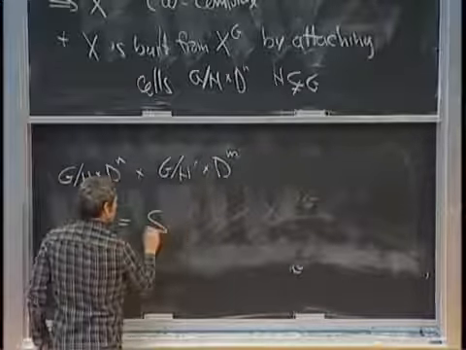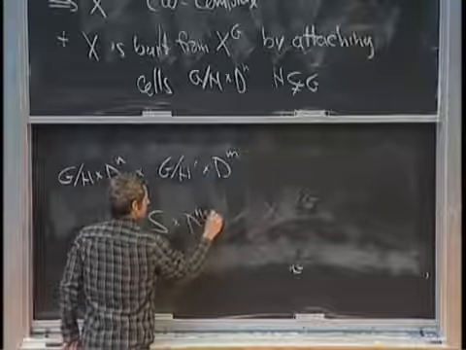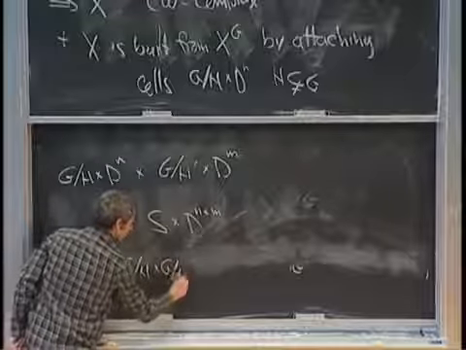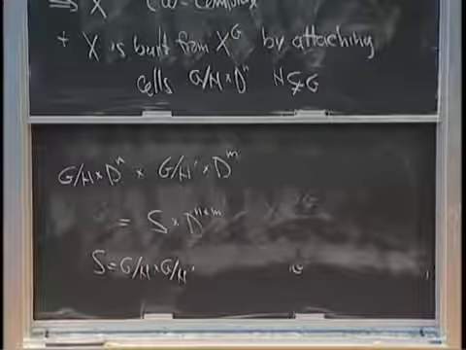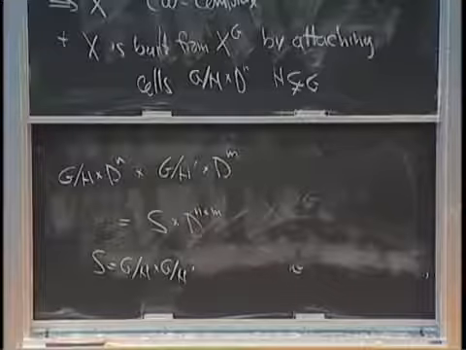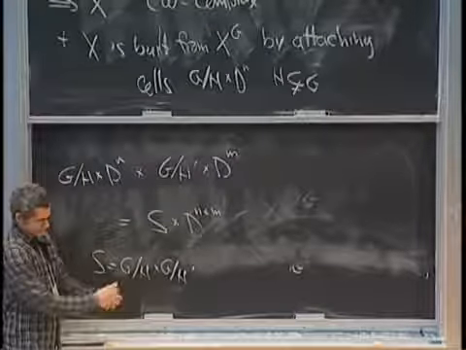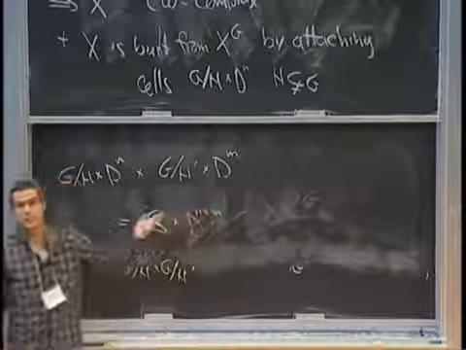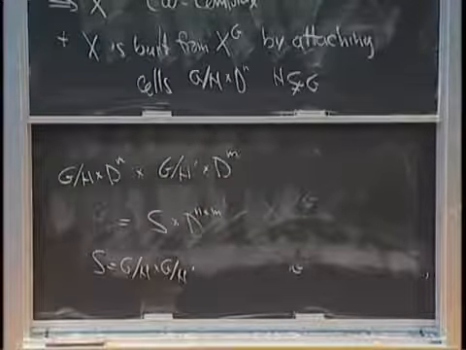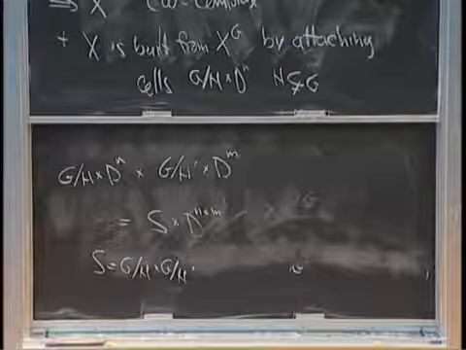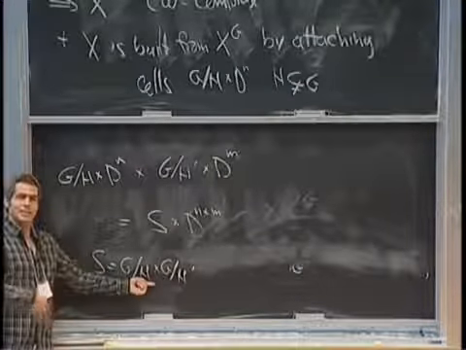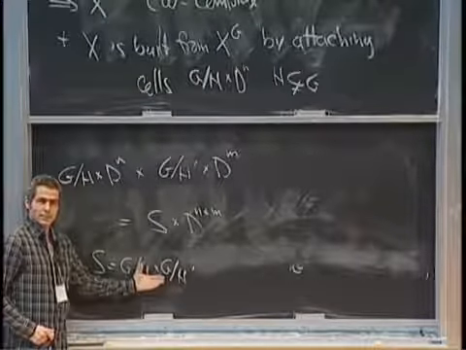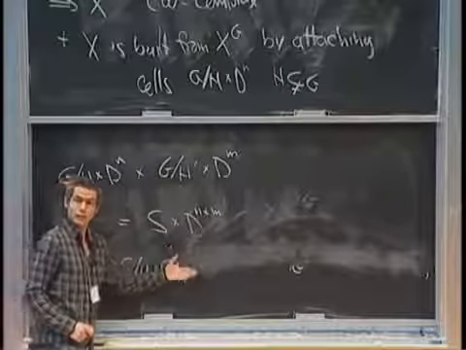That will be of the form S cross D^(n plus m), where S is G mod H cross G mod H prime. If I'm working with a finite group, this is a finite set with a G action, so it's a disjoint union of orbits, and this is just a disjoint union of cells of dimension n plus m. If I'm working with a compact Lie group, then this is a product of homogeneous spaces, and in order to really get the theory going, I have to give this an equivariant cell decomposition, and I'm going to meet cells of higher dimension.